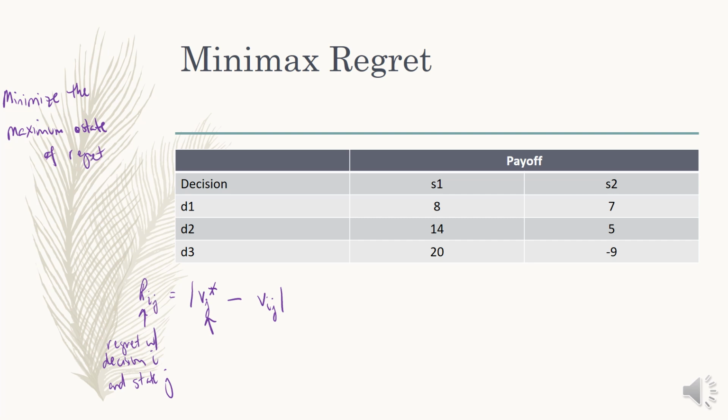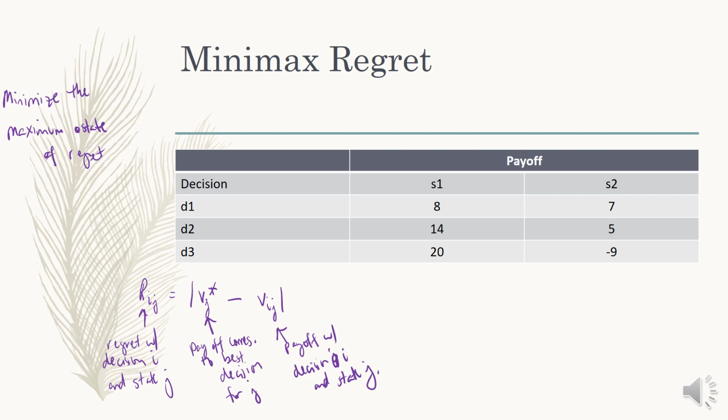V sub j star is the payoff corresponding to the best decision for state j. And then this last one, V sub ij, is the payoff with decision i and state j. So those are your 3 variables.